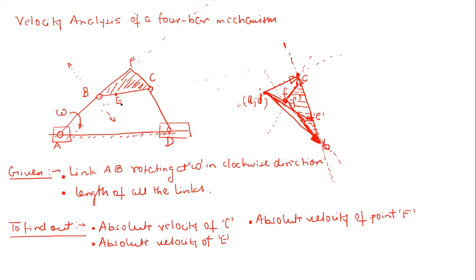Since the velocity of point C will be perpendicular to this BC, and the velocity of point B is going to remain perpendicular to this BC, that is fine. Then the velocity of C with respect to B is known to us, or you can simply say the velocity of B with respect to C is also known, because you have to simply change the direction. Then how can we calculate the angular velocity of BC?